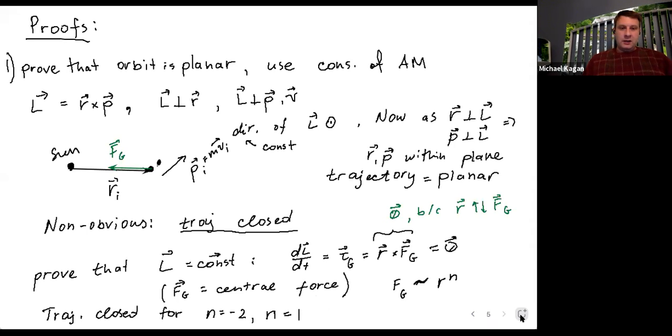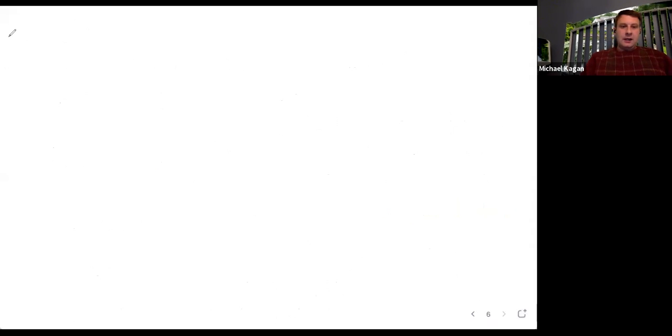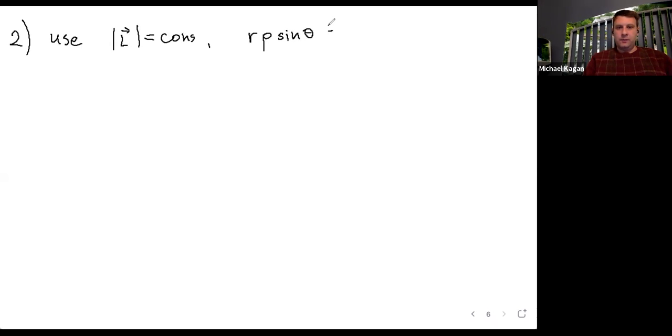So this is the first law. The second law is fairly easy to prove. You need to use the constancy of the magnitude of angular momentum. So use the fact that this is constant. This is R times P times sine theta, where theta is the angle between the radius vector and momentum.